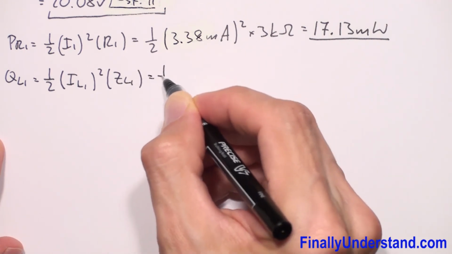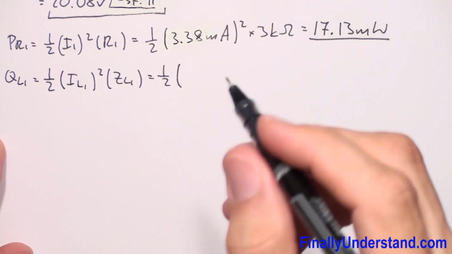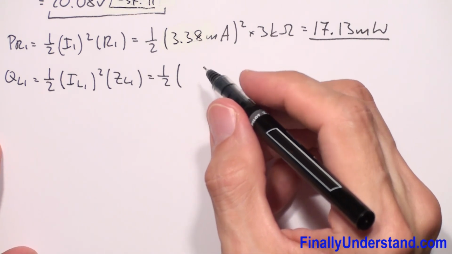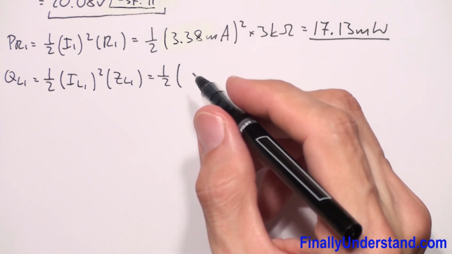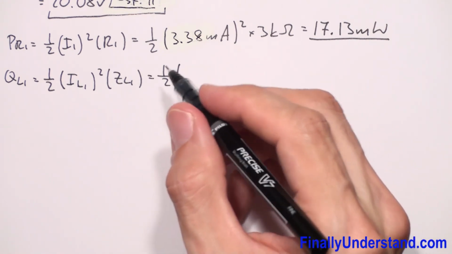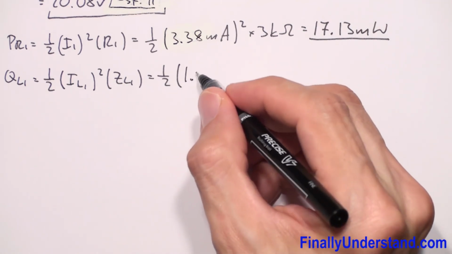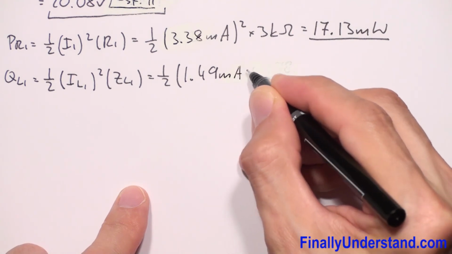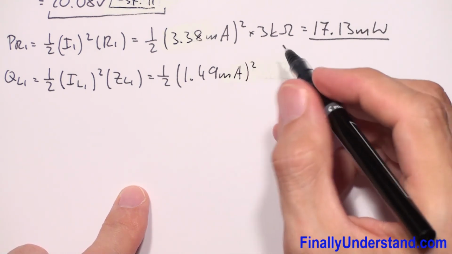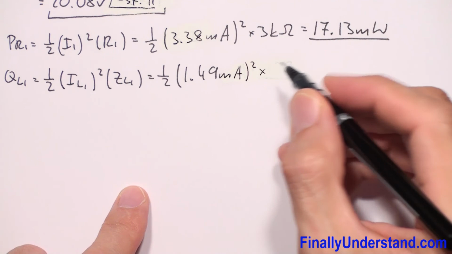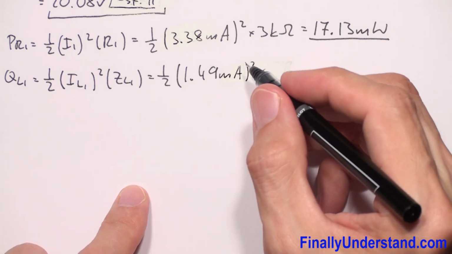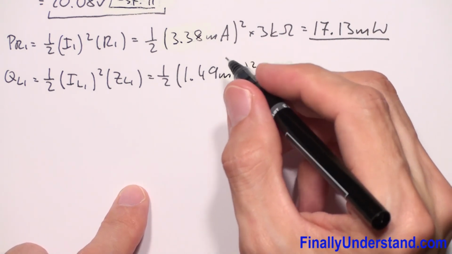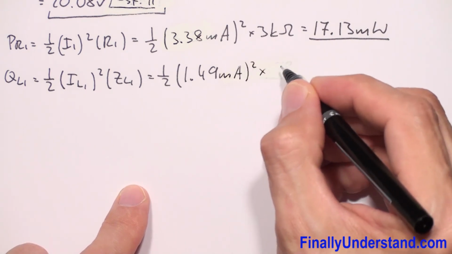So I have 1/2 times IL1, we found this is equal to 1.49 milliamps raised to the second power times ZL1, and we found that ZL1 is equal to 5 kilohms.